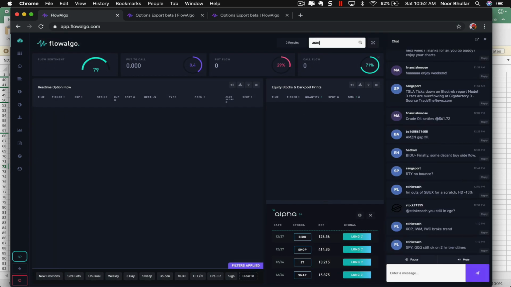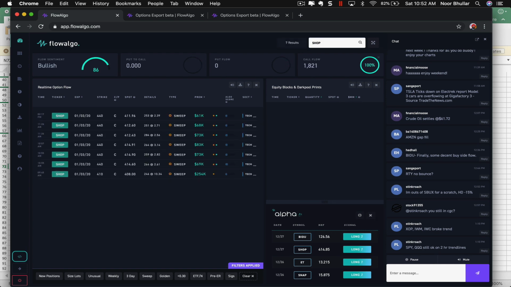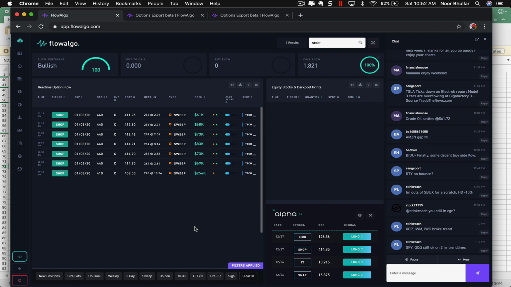This caught my eye the other day. And one of the things that was interesting is that this was yesterday, which was Friday, and there's a week left, right, in the expiration of these calls, and they were buying a lot of these 440 calls, right? So that kind of was interesting because they're laying a fair bit of premium out for these.